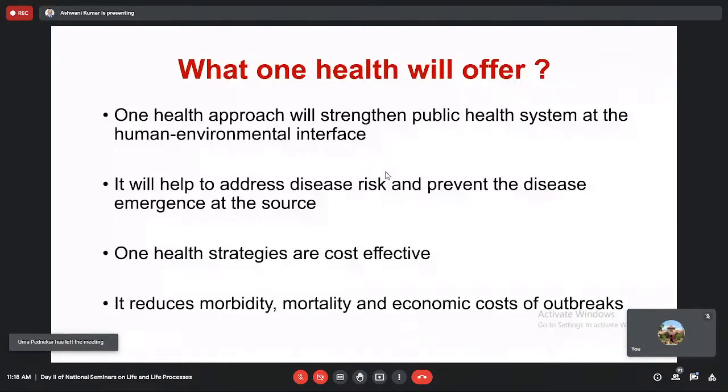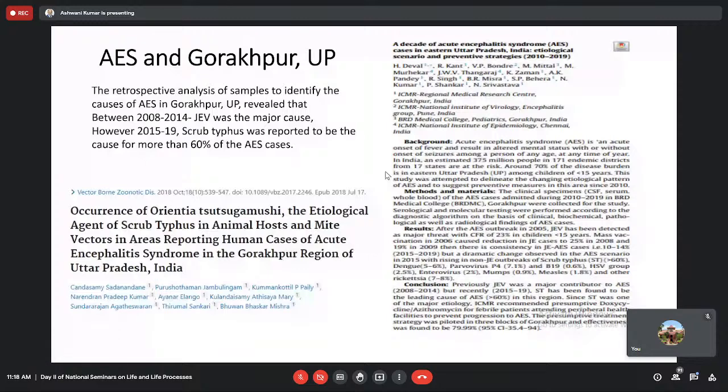Here is an example from UP from early 2000 to 2014. It was suspected that in the Gorakhpur area Japanese encephalitis was the major cause of deaths in children. But later on it was observed that the bulk of the problem was actually due to scrub typhus. 60% of the AES, acute encephalitis syndrome, was due to scrub typhus, not due to JE.